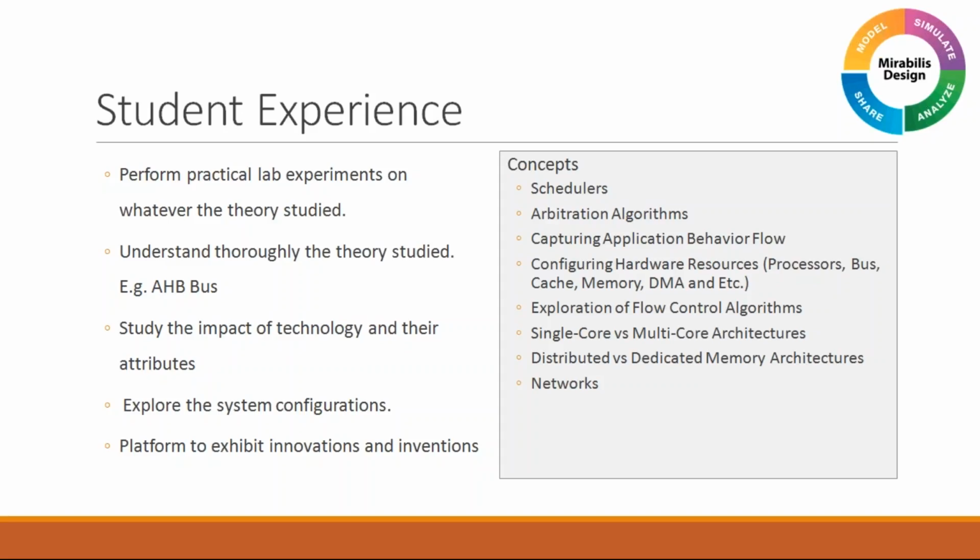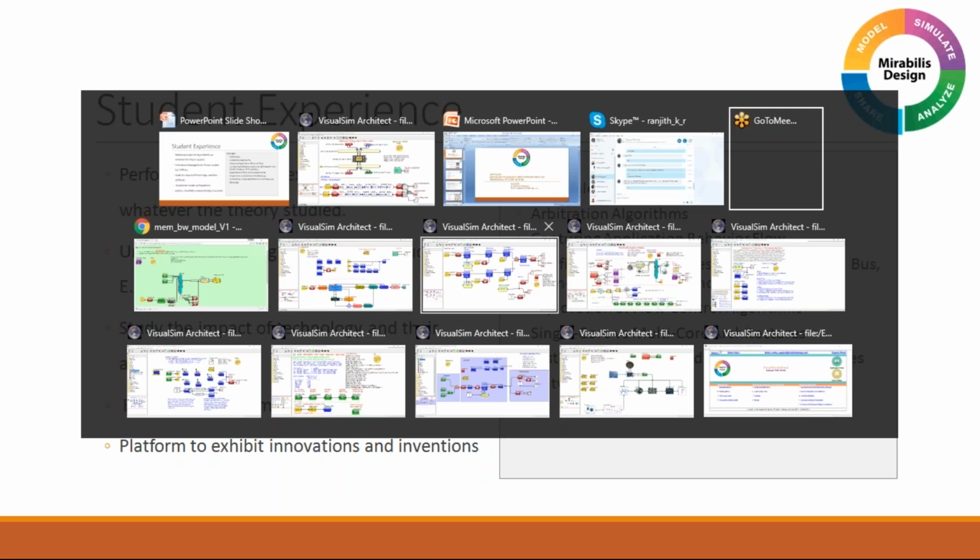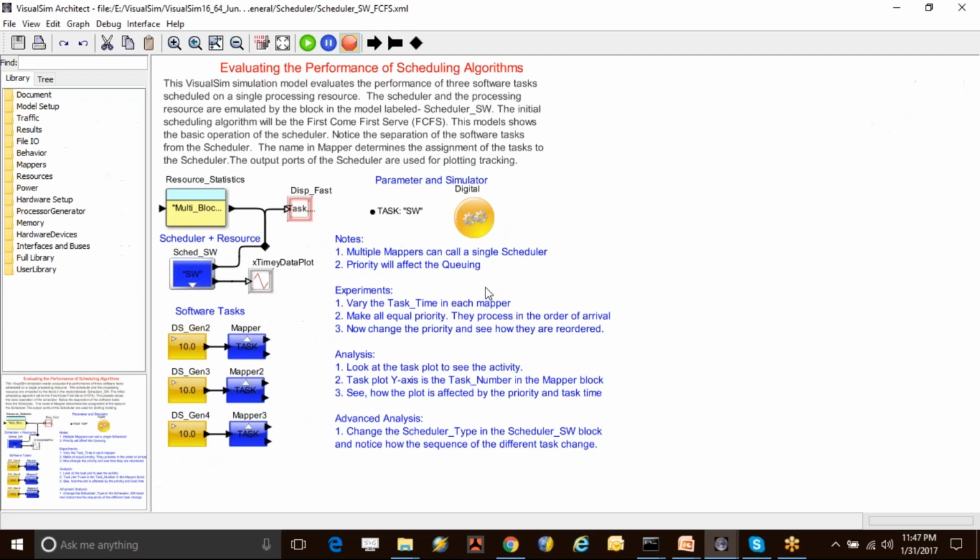To give you a quick understanding of how simple the models can be to explain the concepts, I hope you can see it. So here is a model that goes over exploring scheduling algorithms.